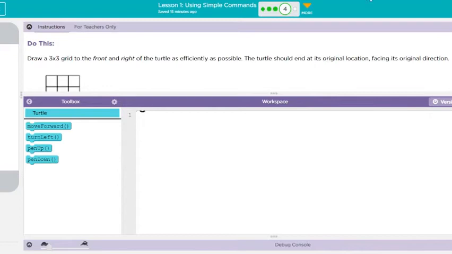All right, task 4. I am not even going to start to act like this is not a tricky one.